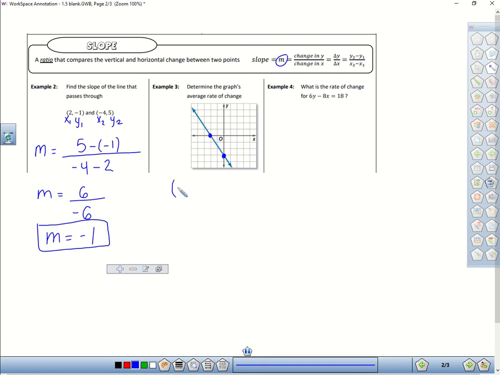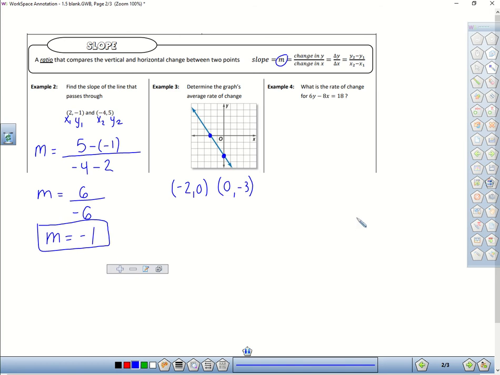This one looks to be -2, 0, and this one looks to be 0, 1, 2, 3, -3. Now I'm going to determine the average rate of change.